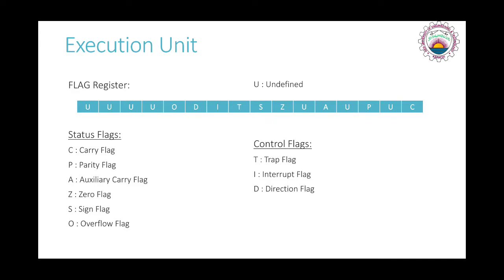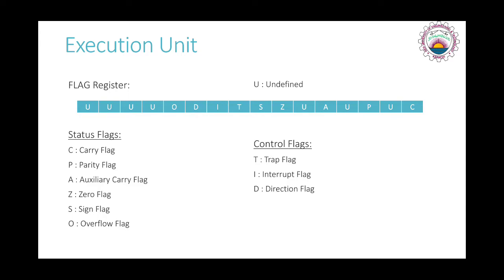Or the second case is if you have added two negative sign numbers and you are having a positive result, that is also another overflow condition. So overflow flag will be having 1. Otherwise, if there is no overflow, flag will be having logic 0.